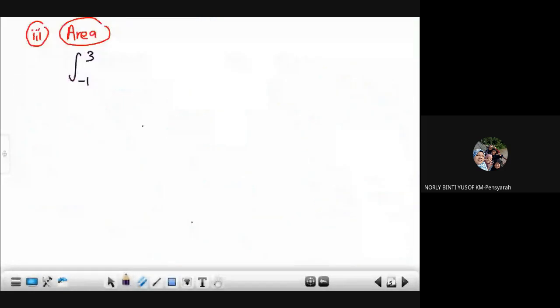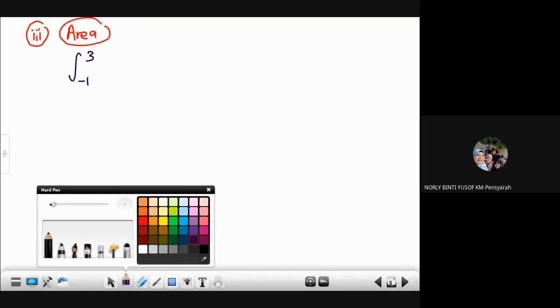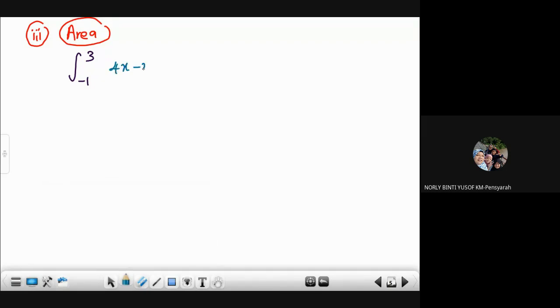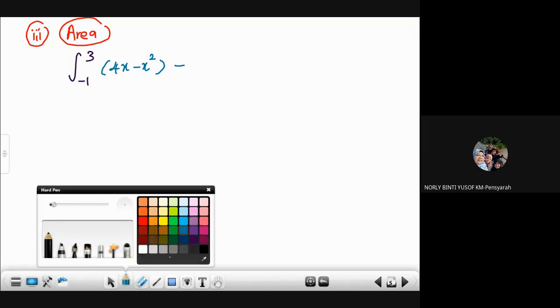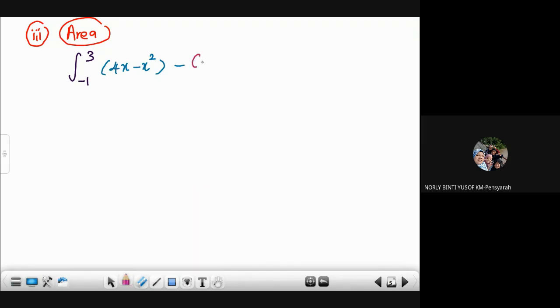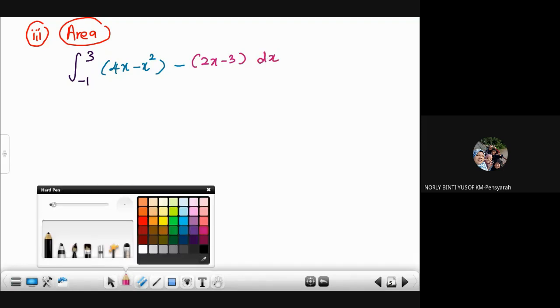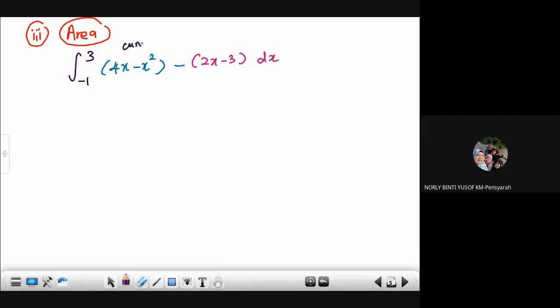And curve minus line. So the curve is the one you already expanded, 4X minus X squared, minus the line, which is 2X minus 3.